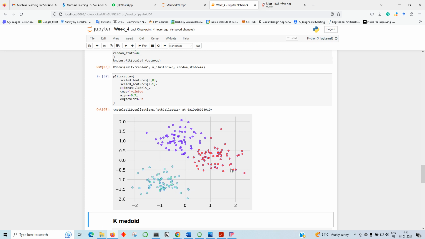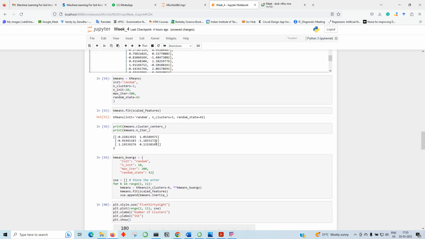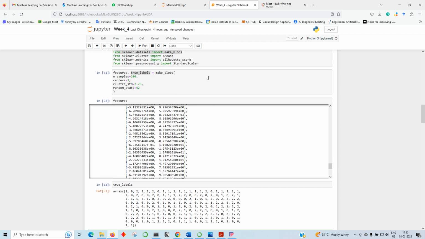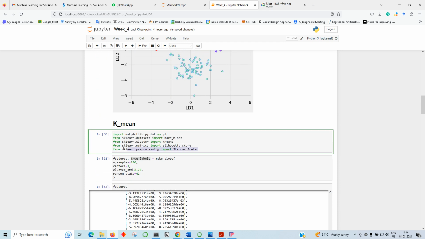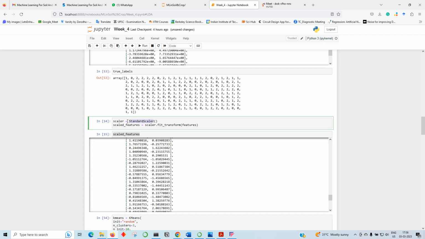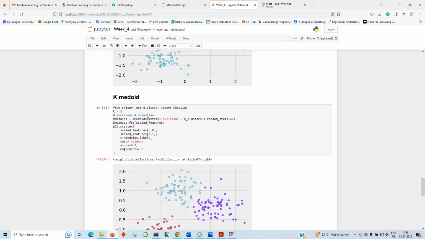Now let's use the same scaled data that we have scaled here using the scaling function that is also inbuilt in scikit-learn, the standard scaler, to perform the k-medoid clustering.